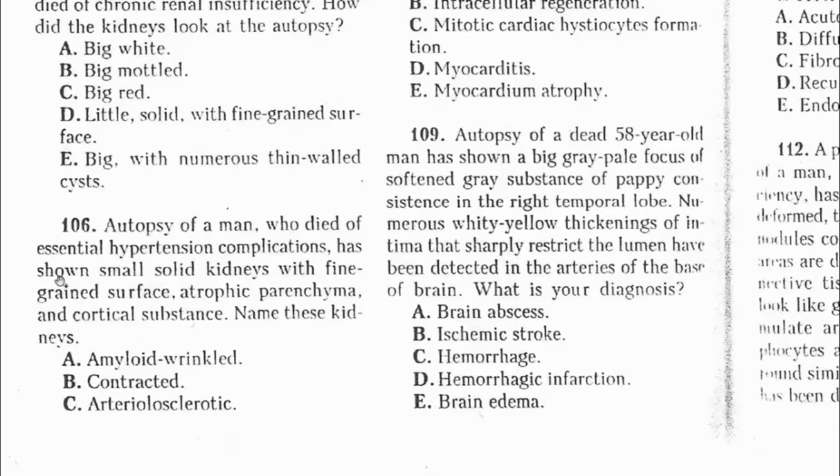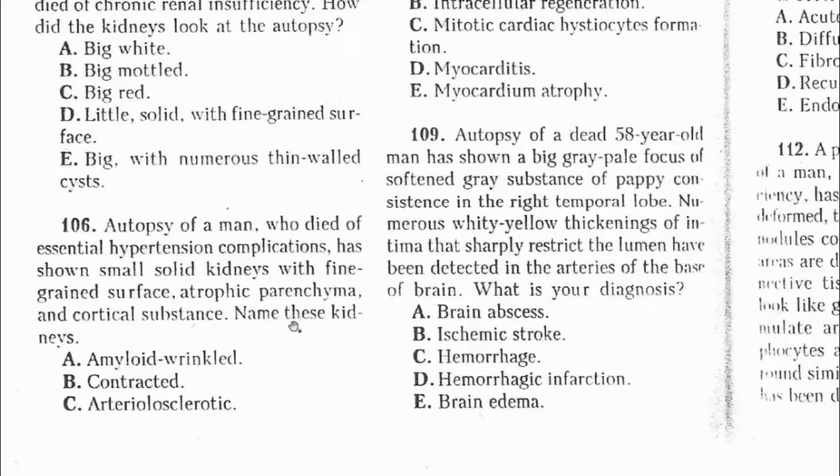Autopsy of a man who died of essential hypertension complications has shown small solid kidneys with fine-grained surface. So what is your answer? Now the question is name the kind of kidney.